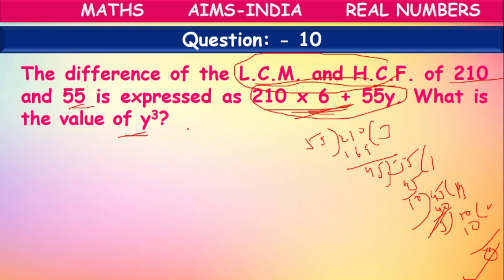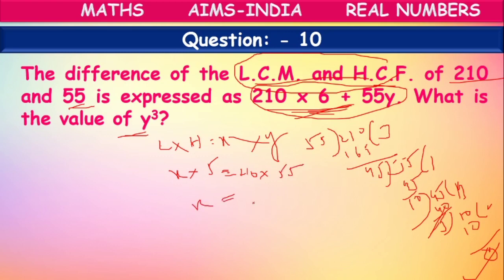5 is the HCF. But what do we know? LCM into HCF is equal to first number into second number. Here LCM, let us take it as X. HCF, how much? 5. The first number is 210 and the second number is 55.